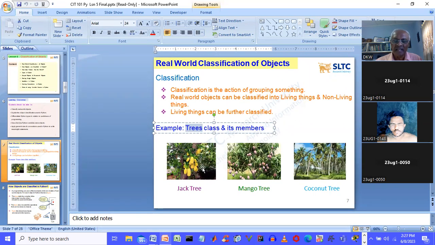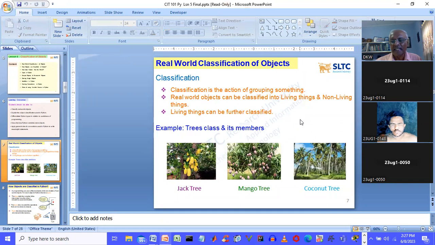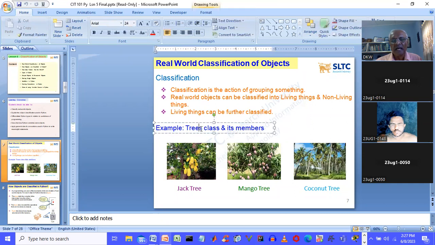They produce fruits, another property. So if you find any other member which belongs to the tree class, we can easily understand what it is by seeing the common properties. That is the advantage.